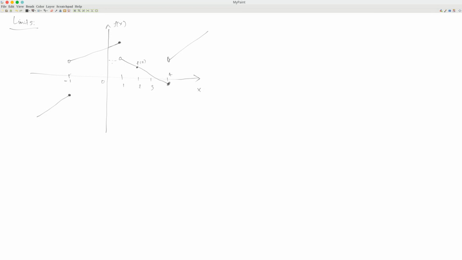Let's call that 2, that 4, and that -1. And if I wanted to know f of 0, the value would be right there. That is also obvious. That is f of 0, or the initial value.